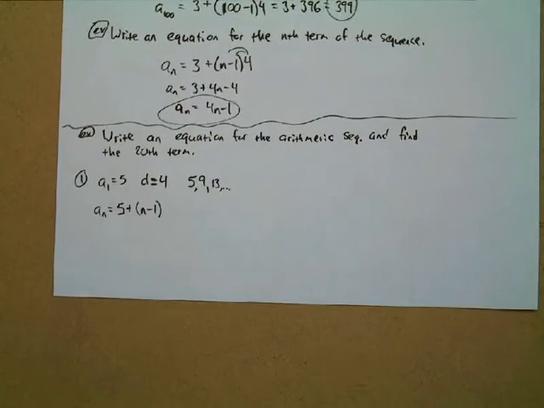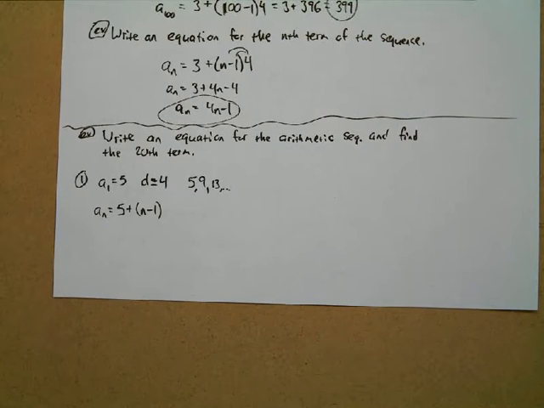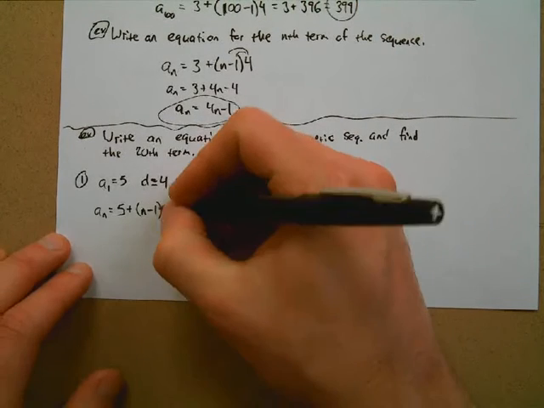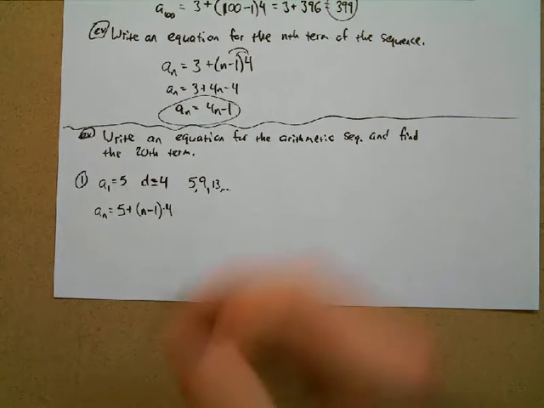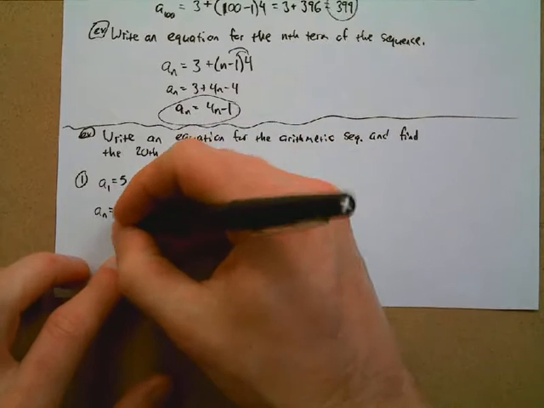So there's our formula. You can simplify it if you want to, distributing the 4 here. We get 5 plus 4n minus 4, which is just 4n plus 1, or 1 plus 4n. And then we want to find the 20th term, so we do a sub 20 instead of a sub n and plug in the 20.